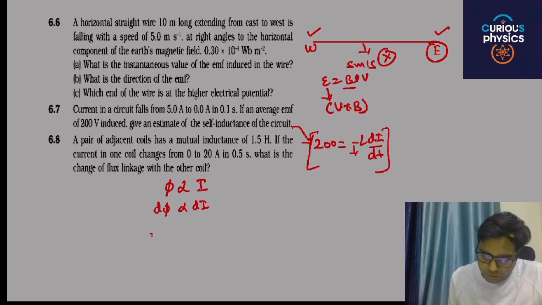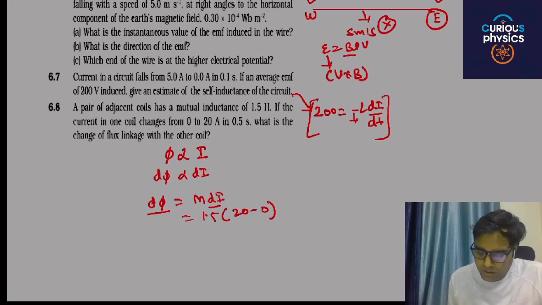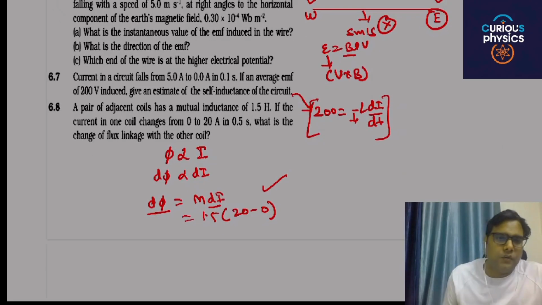If you want to remove the sign of proportionality, it is M into di. M is given, so it will be 1.5 into 20 minus 0, this is the change in current, and you will get your value.